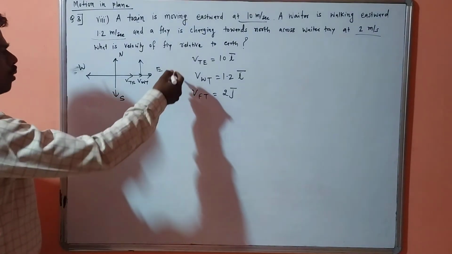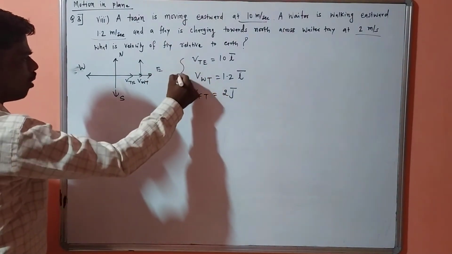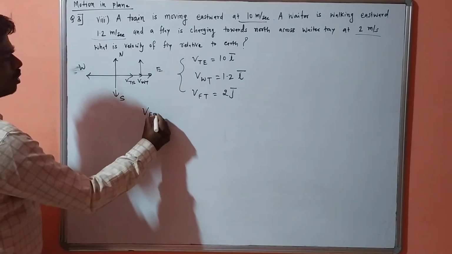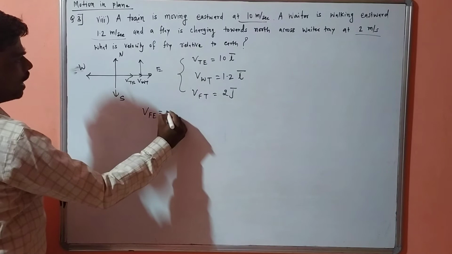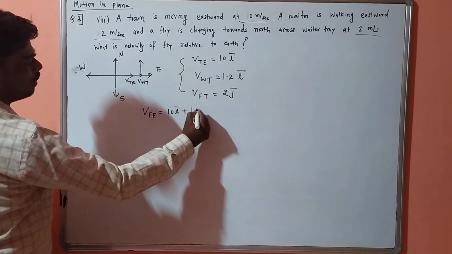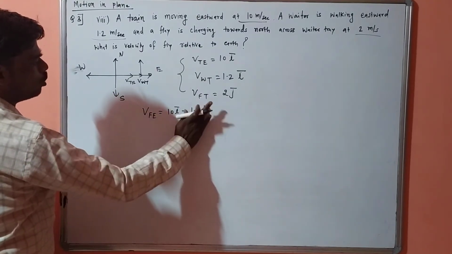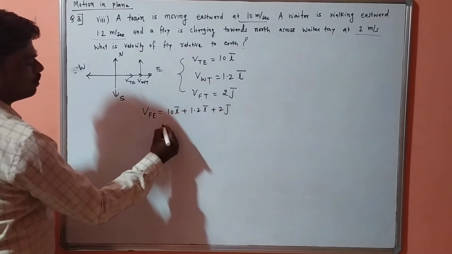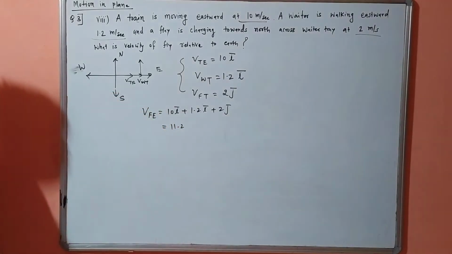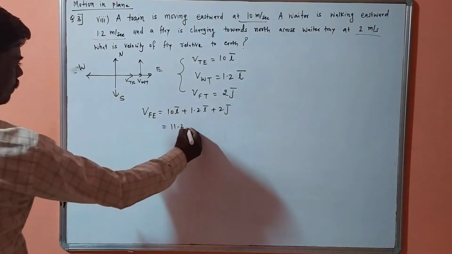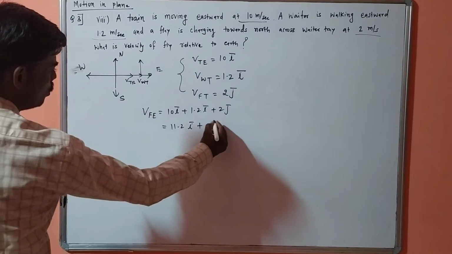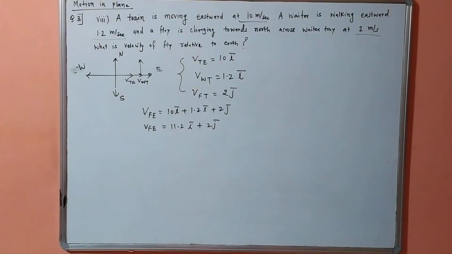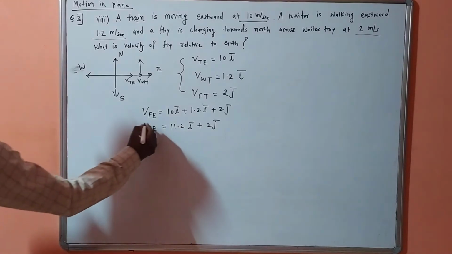While finding the resultant vector, we have to add all these. So velocity of fly with respect to earth is nothing but the addition of 10i, then 1.2i and then 2j. So it becomes 11.2i plus 2j. Now we have to find the magnitude of this velocity.